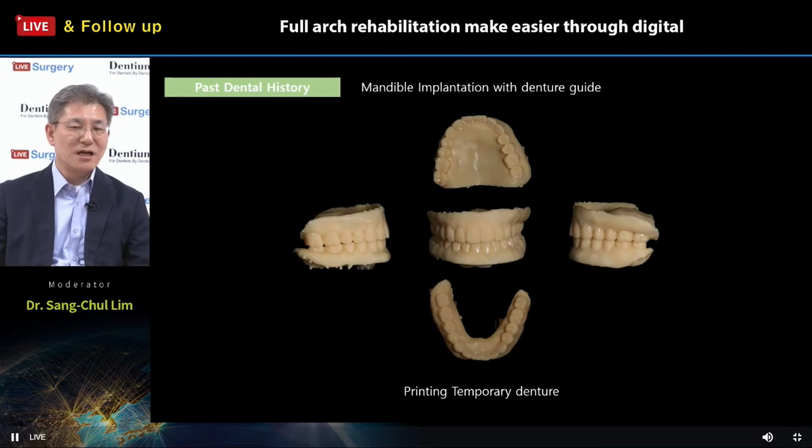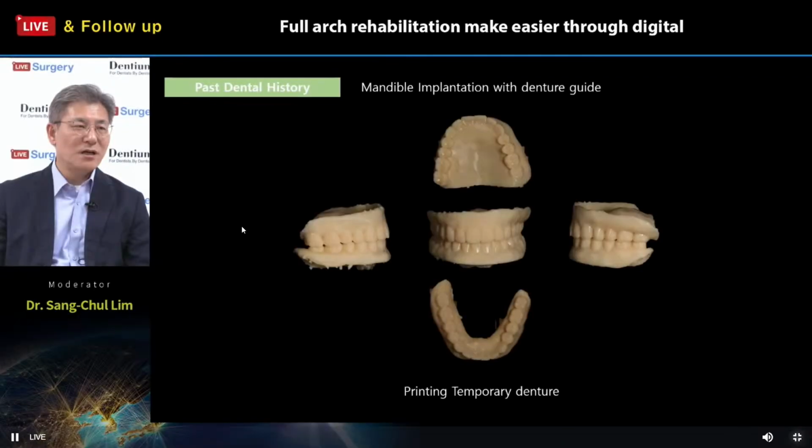This 3D printed denture is very useful and versatile. First, this printed denture is used as a surgical stand for proper positioning when you have surgery. And after that, we can estimate and evaluate the prosthetic procedure.